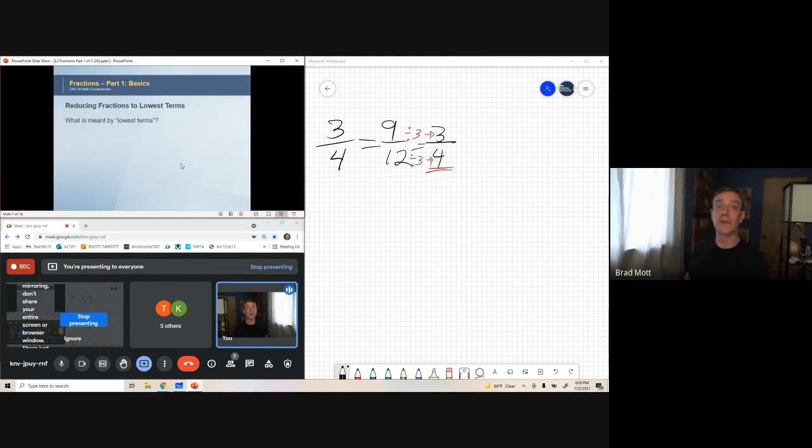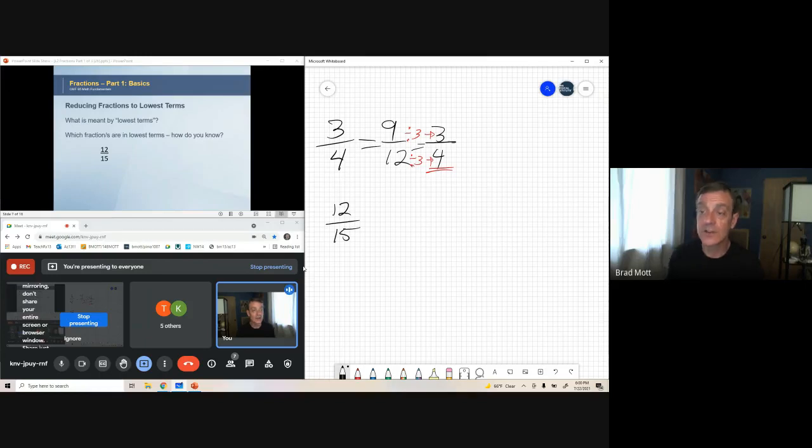So reducing to lowest terms, or simplification. Lowest terms are when the only term they have in common is 1. Could someone tell me if the proper fraction 12/15 is in lowest terms at this point? Yes, Taylor.